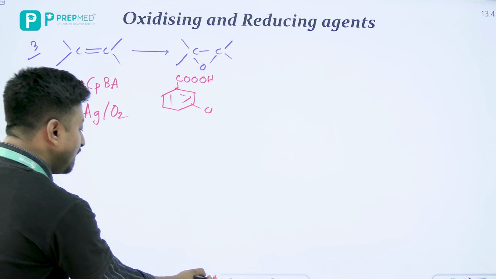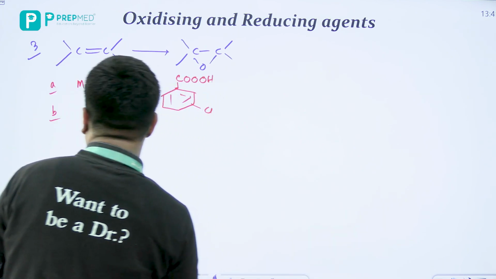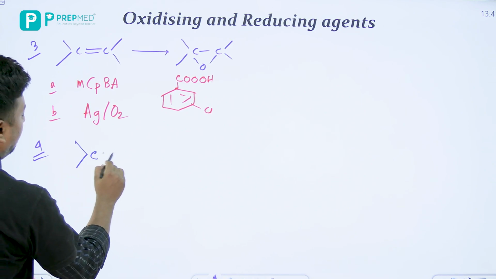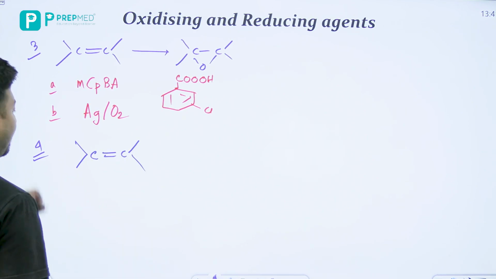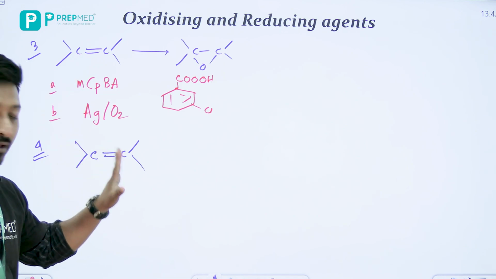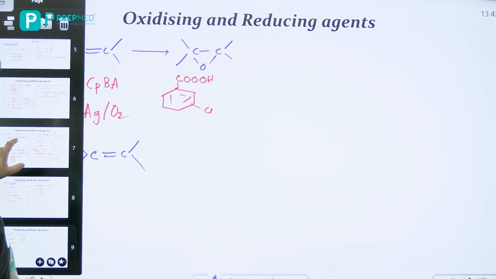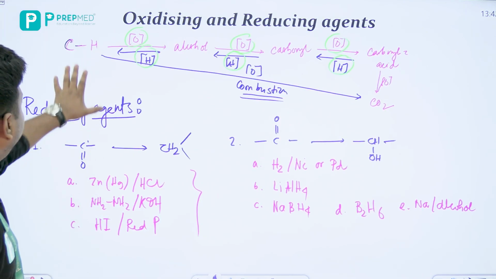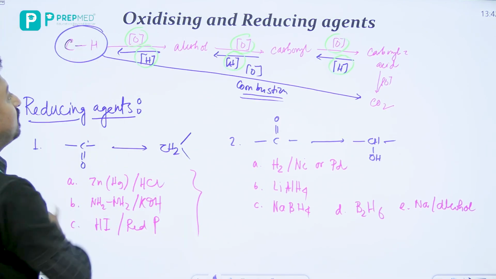Okay, now in the 4th part, what are the ways to oxidize a carbon-carbon double bond? This is a hydrocarbon. The hydrocarbon is at the very initial stage.